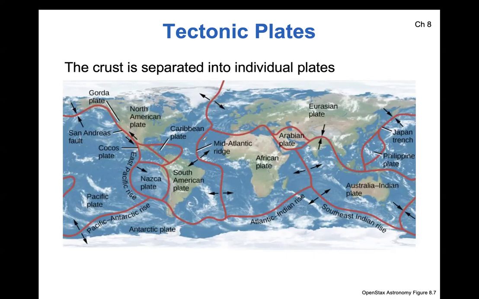So if we look at the Mid-Atlantic Ridge, which is a rift zone, and the Mid-Pacific Ridge right here, or this region called the Pacific Antarctic Rise, and then kind of cut off, we end up with the Mid-Pacific Ridge.